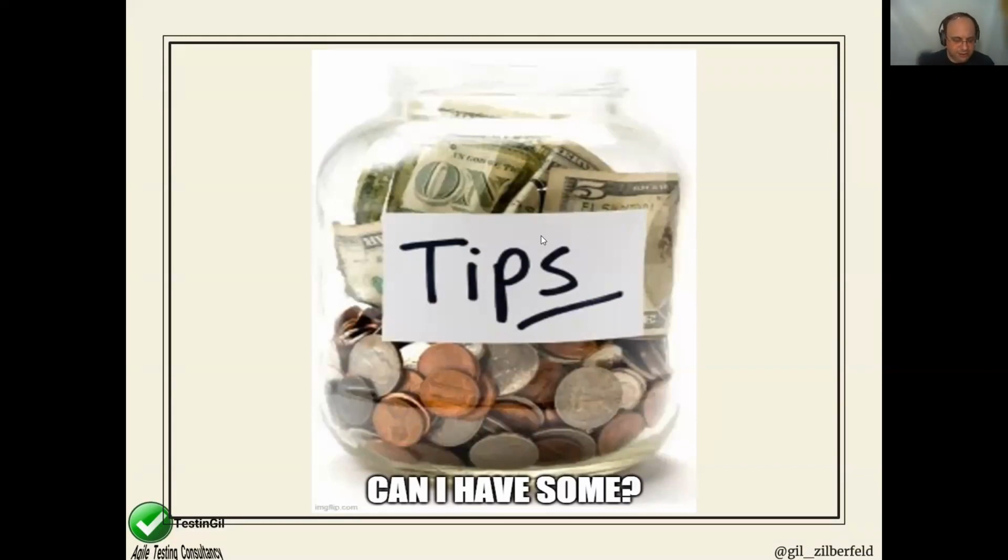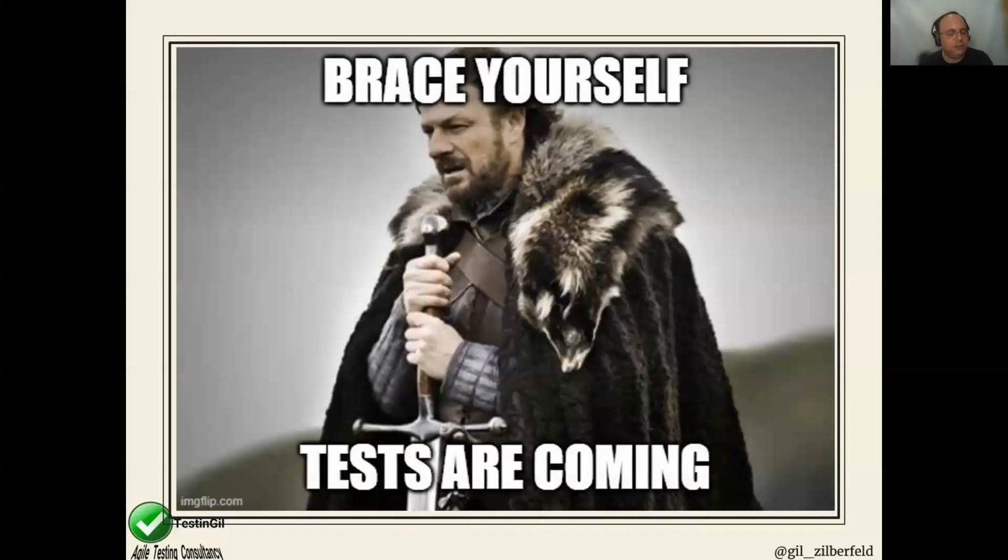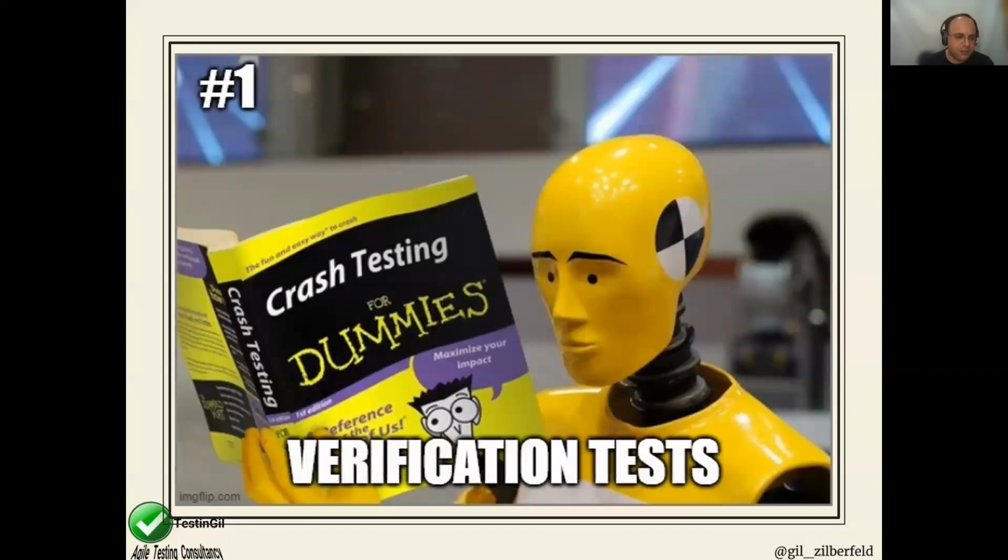I gathered these tips around several topics, and I'm going to start with what to do before we can actually start writing tests. How should we prepare for writing tests? So the first tip is about verification tests. Verification tests are kind of a weird way to test things, but they're not.